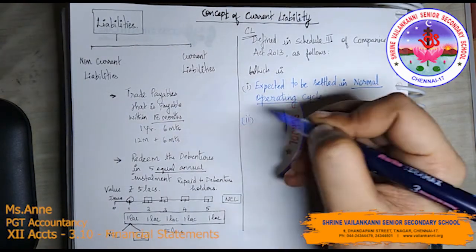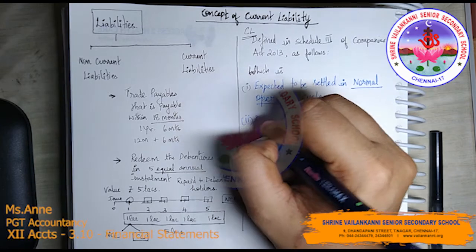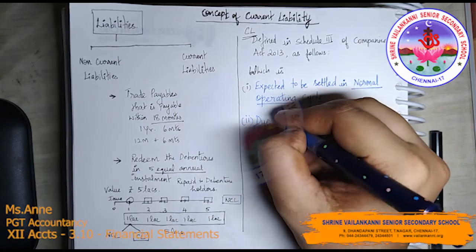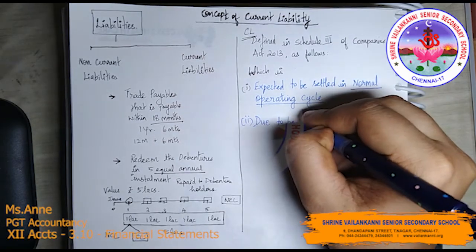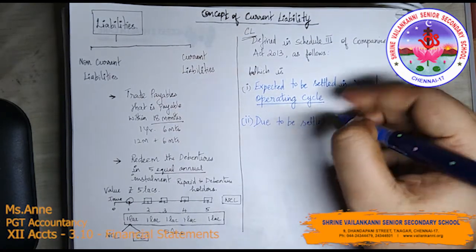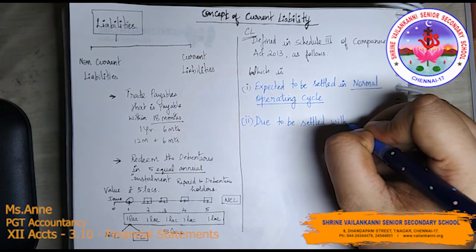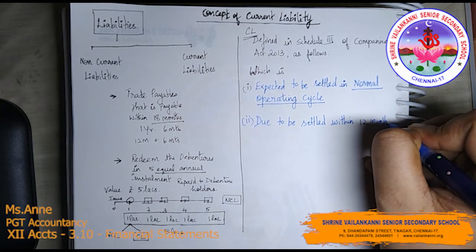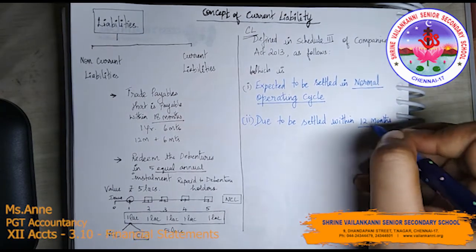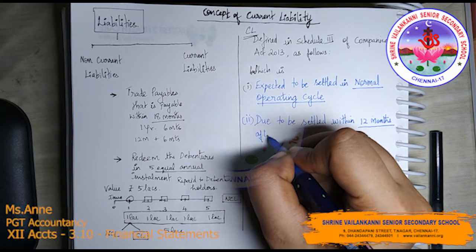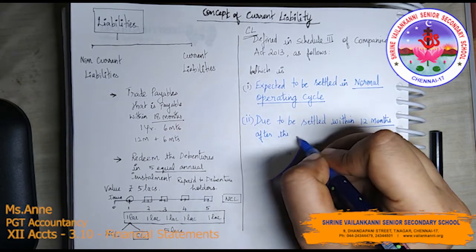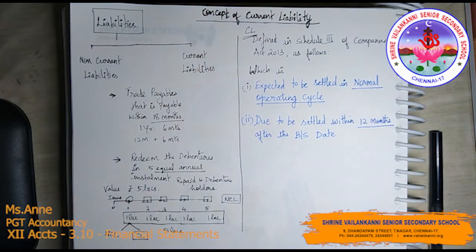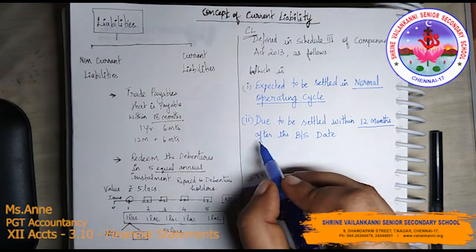Number 2, due to be settled. Due means to be given, to be paid. Due to be settled within 12 months after the balance sheet date.